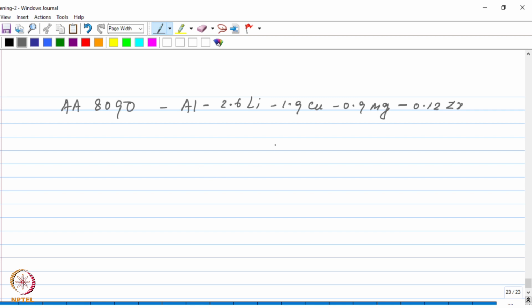So here you can see you have additionally copper and magnesium apart from lithium, right? So these two atoms can also take part in forming the precipitates, and therefore in such alloys, apart from the delta prime precipitate, you will have one more precipitate, which is S prime, that contains both copper and magnesium.